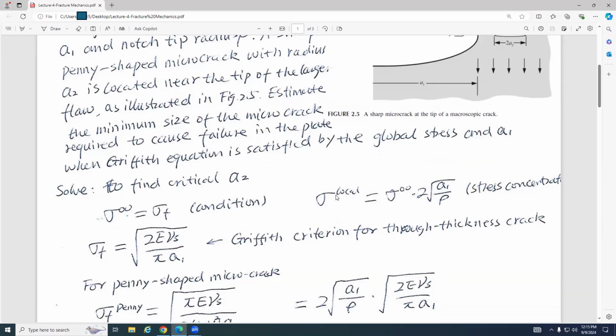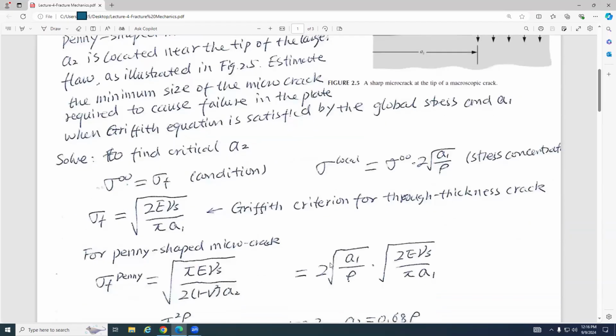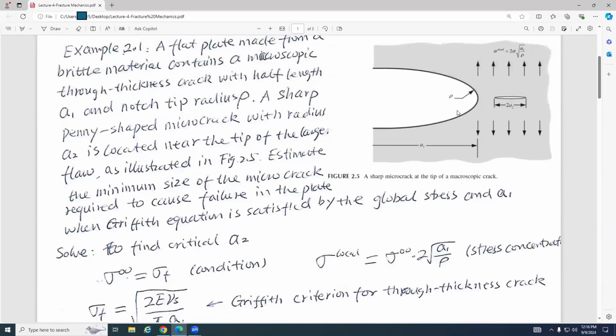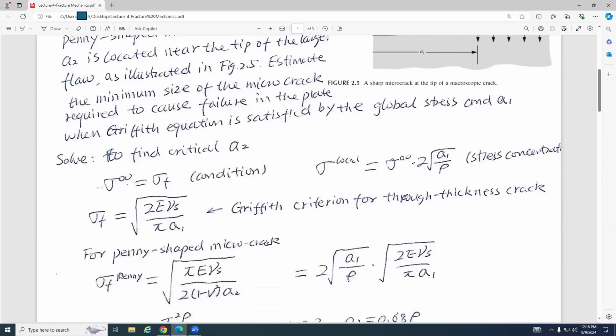Why do I need to calculate sigma local? Because this penny-shaped crack is in the neighborhood of the bigger crack tip. So this value is a local stress. I want to see when this local stress can cause the small penny-shaped crack to grow.